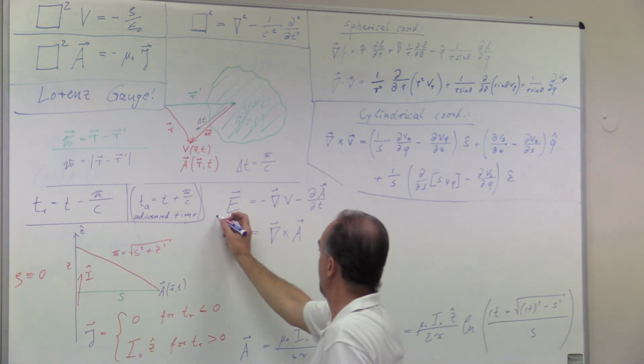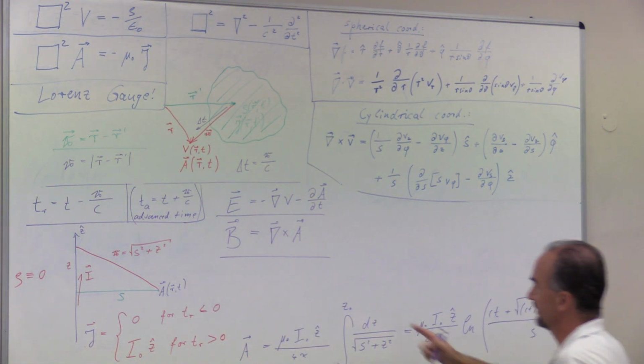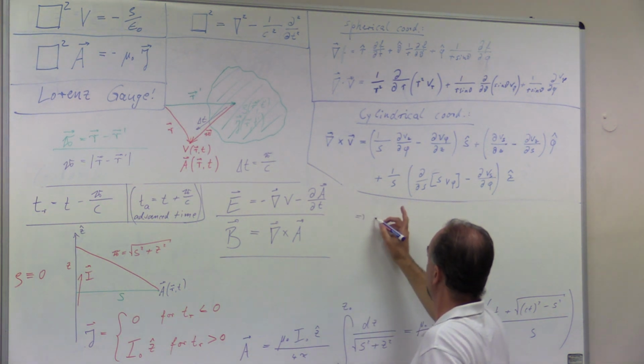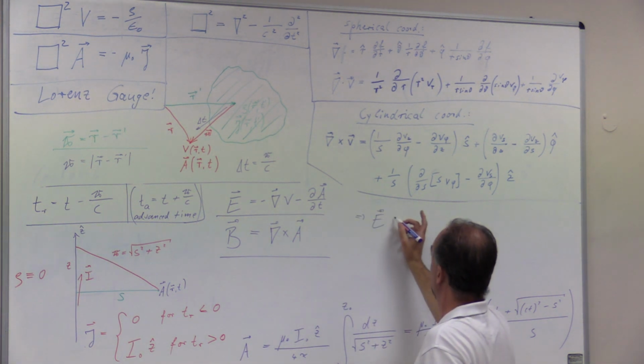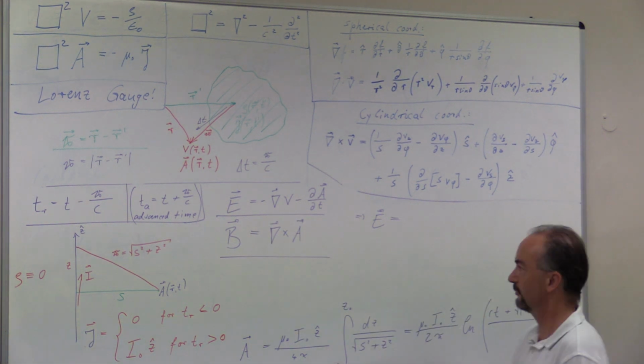Okay, so let's calculate. V, so gradient V. Since V is 0, the gradient of course is 0 as well.